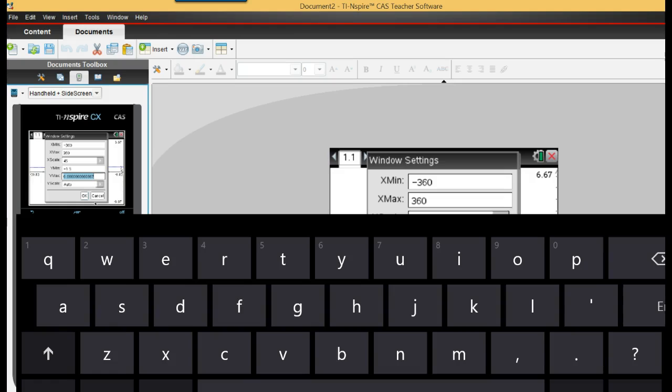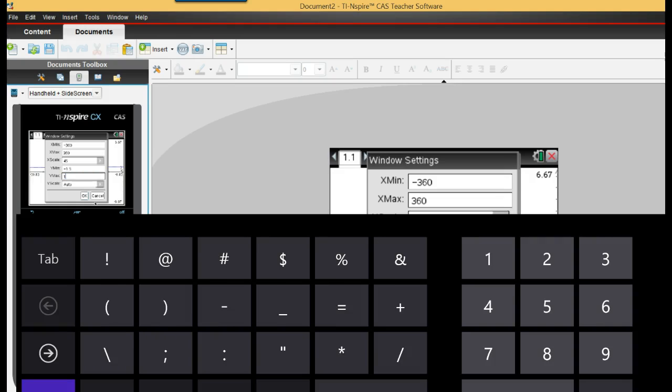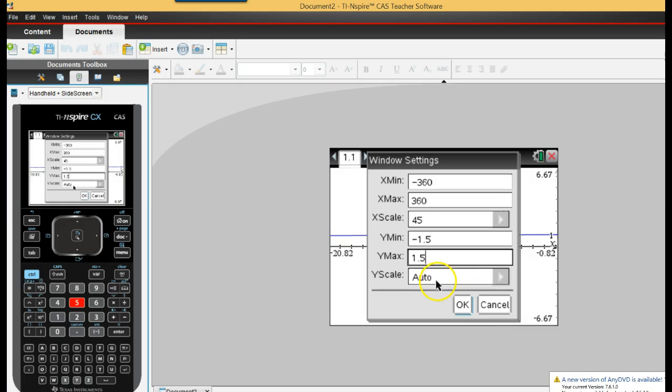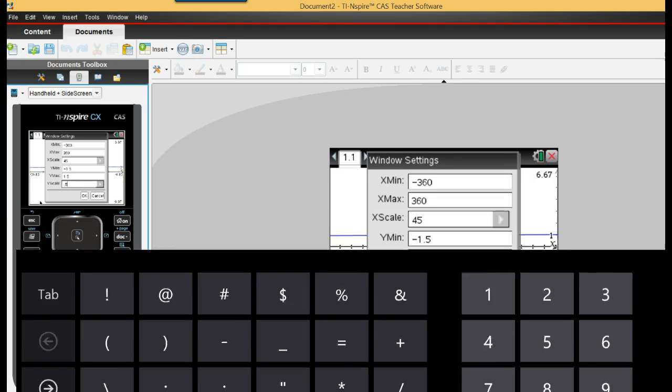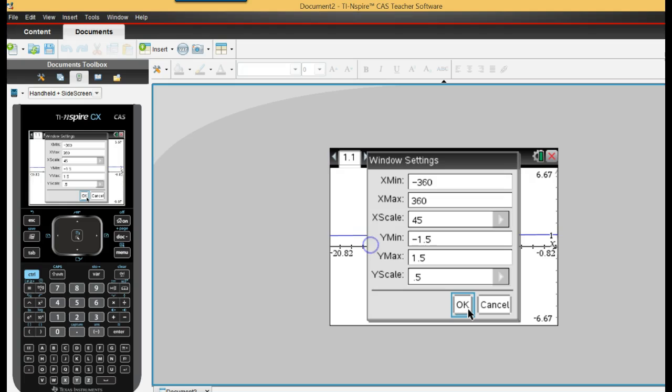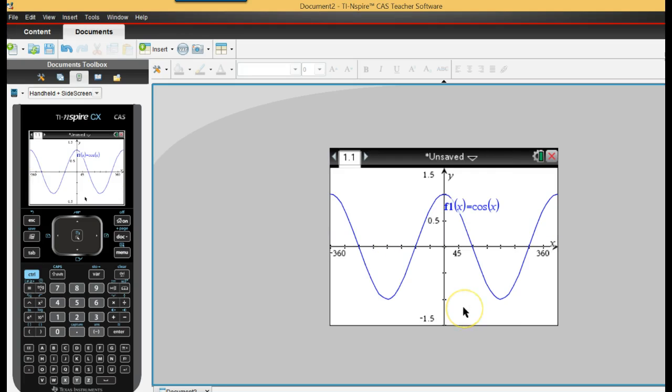You'll do yours a lot quicker than this. Tab, and the Y scale we want to be 0.5. Drop that down. Hit OK. Okay, so there's our cos curve, and now you can see we've got it in degrees, and that's nice.